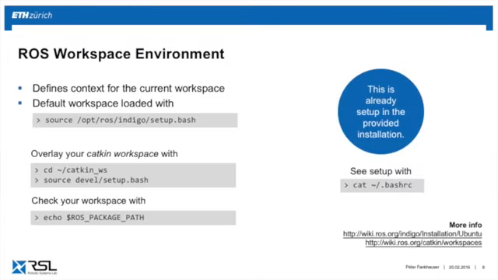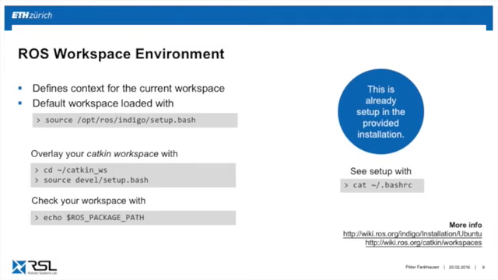One important element that you'll see is the ROS workspace environment. This defines the context of where you're working in the ROS environment. When you install it, there's a standard environment, which you load with this command, which loads the ROS version and then the environment that you need. Importantly, you can overlay these environments. On your PC, we already pre-installed one, which we set up in the standard folder, the Catkin workspace.